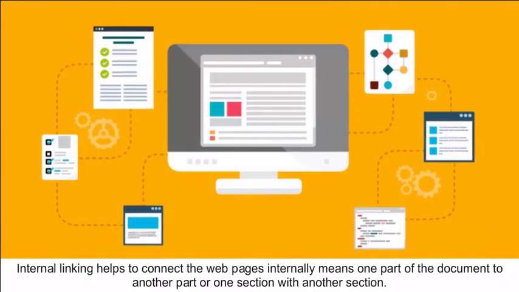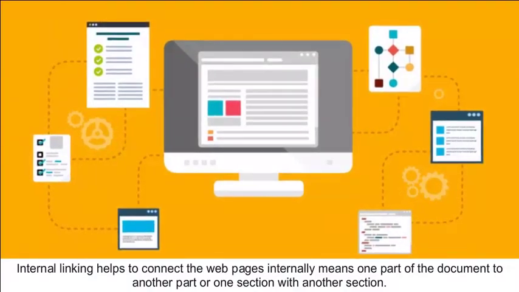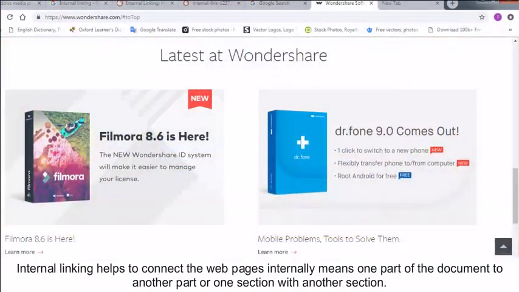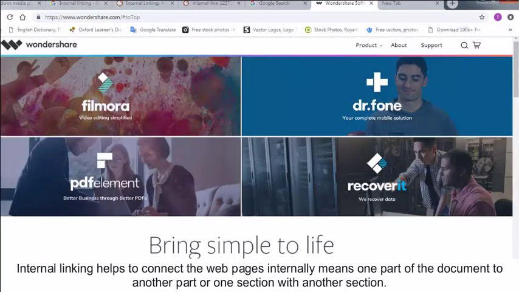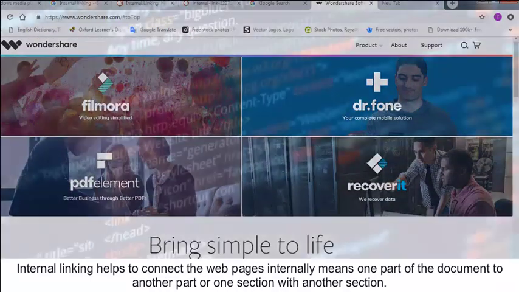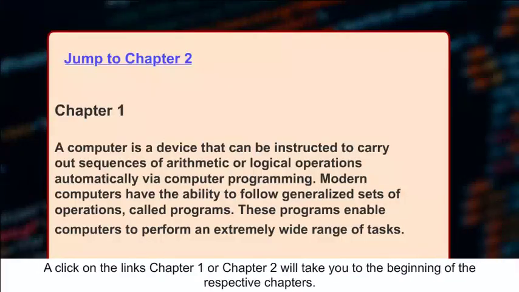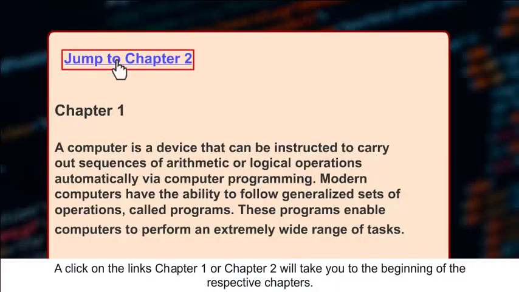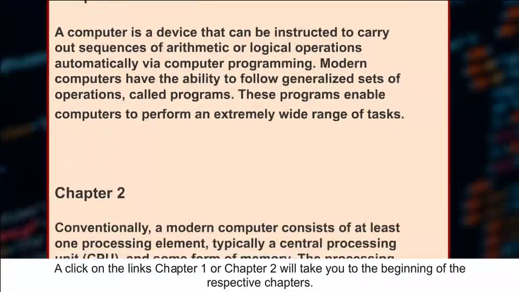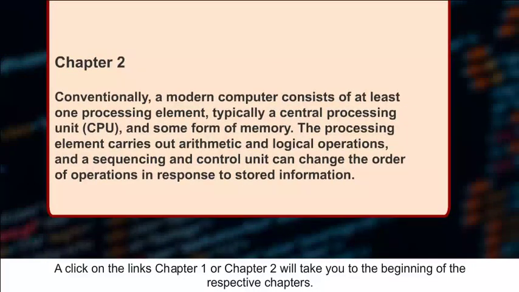Internal linking. Internal linking helps to connect the web pages internally, meaning one part of the document to another part, or one section with another section. Description of coding: a click on the links Chapter 1 or Chapter 2 will take you to the beginning of the respective chapters.